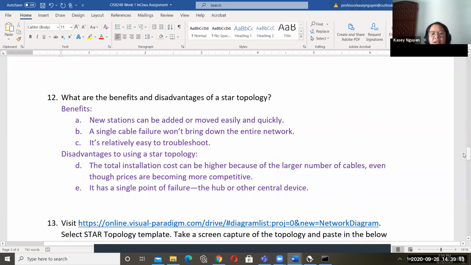Now the disadvantage for star is that the cost can be more than if we compare that to a bus, because we have more cables that come with a price. And like I said, there's a single point failure. So if a central device, that hub or that switch is down, or your wireless router is down, nothing gets connected.